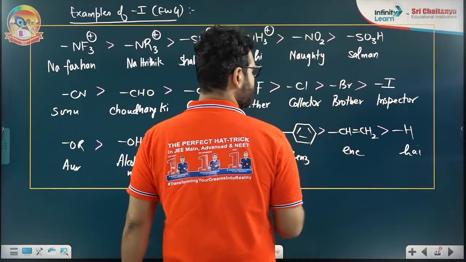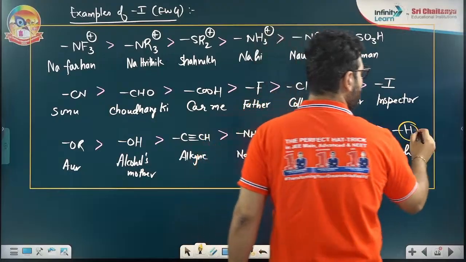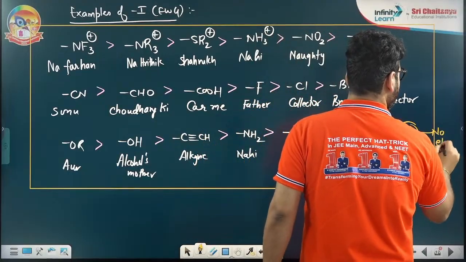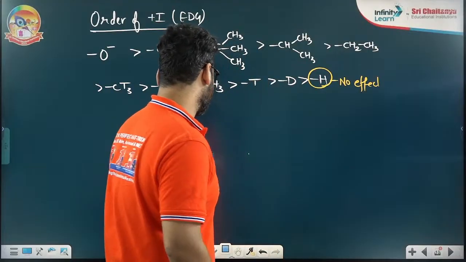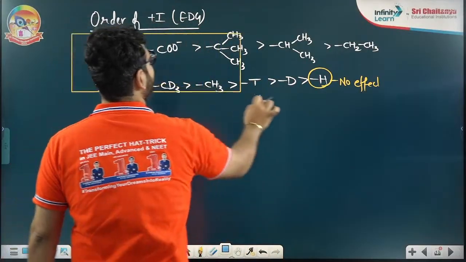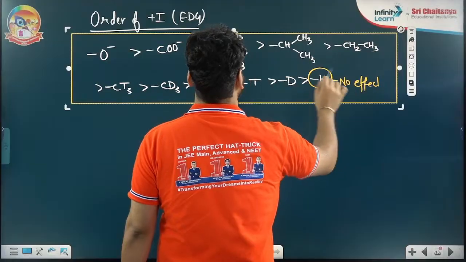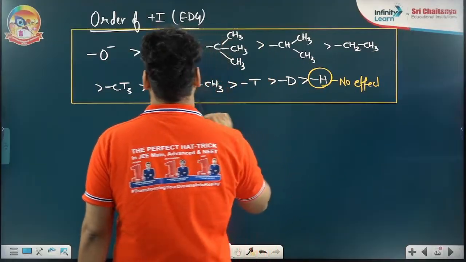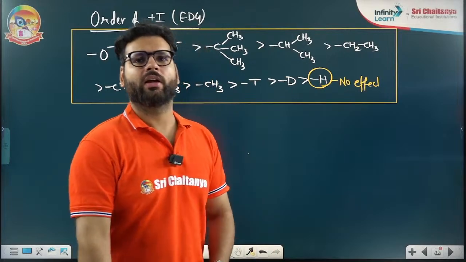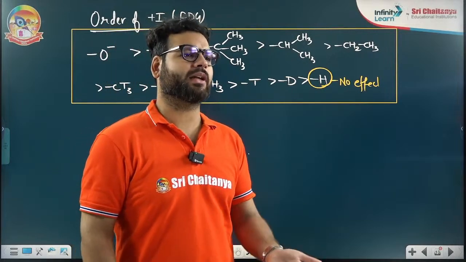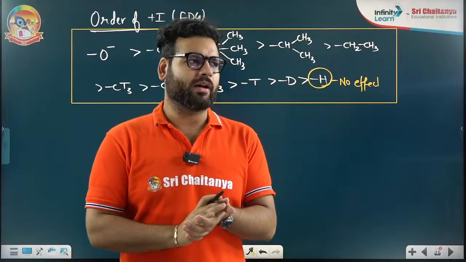In the previous case also you can write hydrogen, circle, no effect. All the other groups have some kind of inductive effect except hydrogen. When hydrogen is attached to any carbon, there is no effect you have to consider. When any other thing is attached to carbon, then you have to consider the inductive effect.